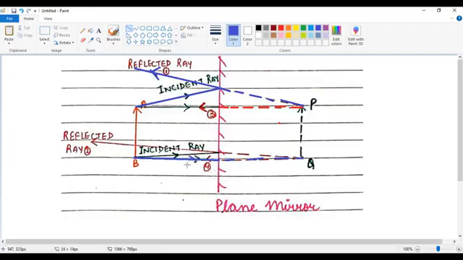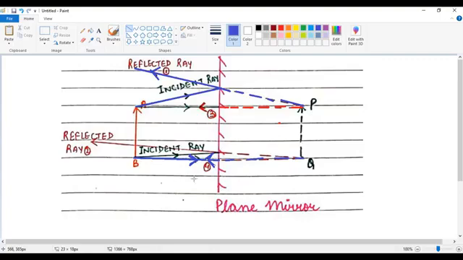So students, kindly pay attention towards the arrows made. One arrow is showing incident ray, that is the ray traveling towards the plane mirror, while the other arrow shows the ray reflected from the plane mirror.